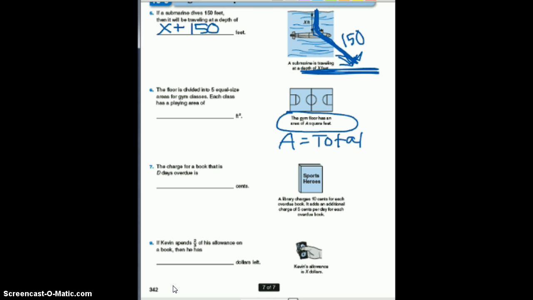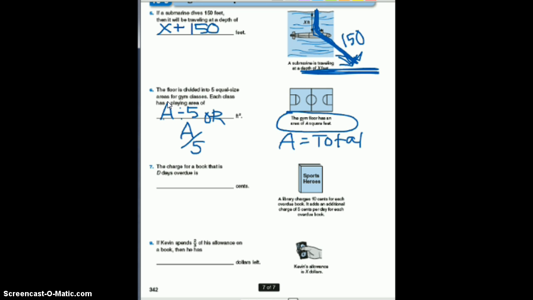And what they do is divide it into 5 equal areas. So you're going to take the total amount A and divide it into 5 equal areas. Hopefully we're remembering, a lot of times you'll see algebraically A divided by 5 written that way.